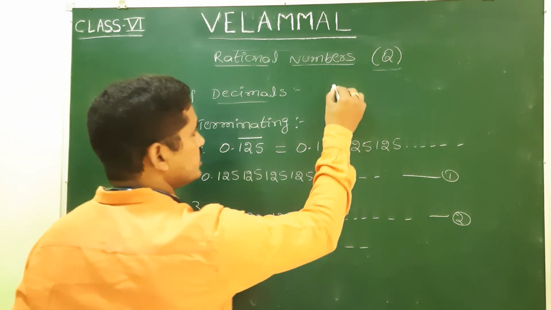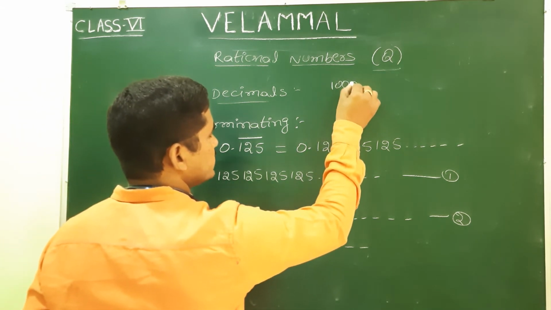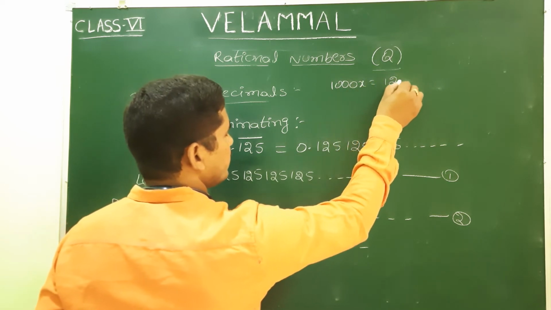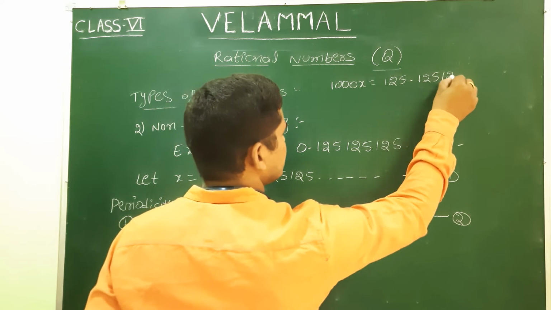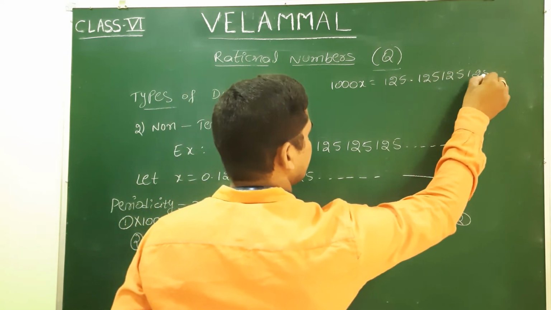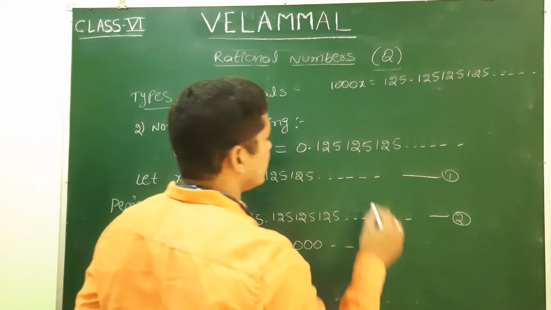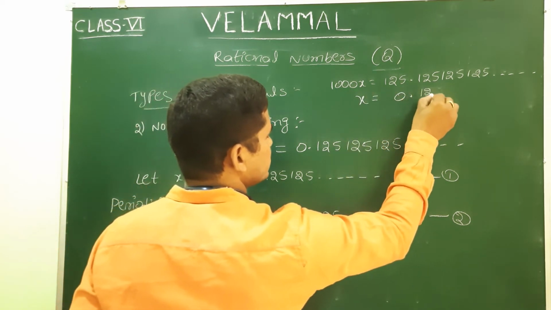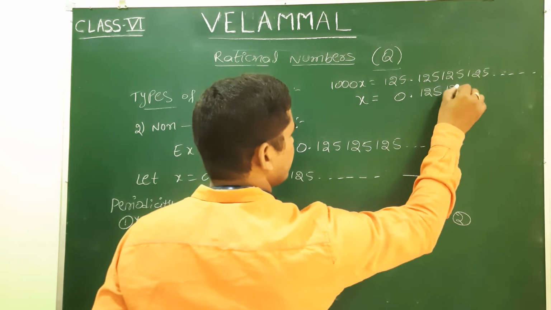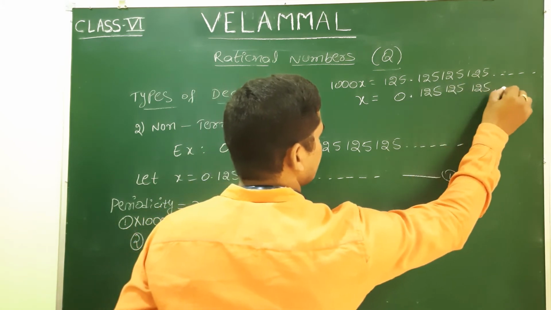How it will be: 1000x is equal to 125.125, 125, 125 and so on, and x is equal to 0.125, 125, 125 and so on.